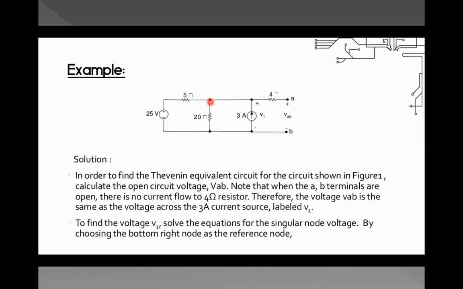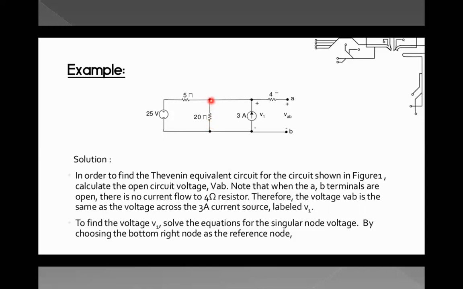I should be equal to V1 minus 25 divided by 5. This is nothing but V1 minus this voltage, say B, so V1 minus B divided by R1, plus V1 divided by, what is this?